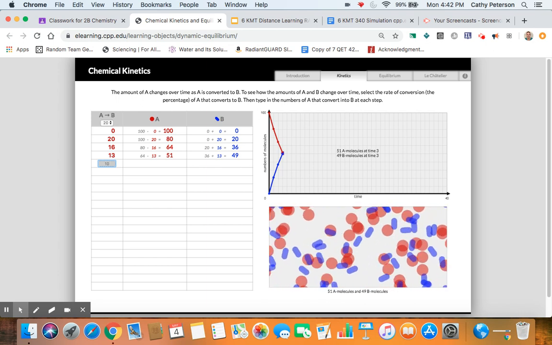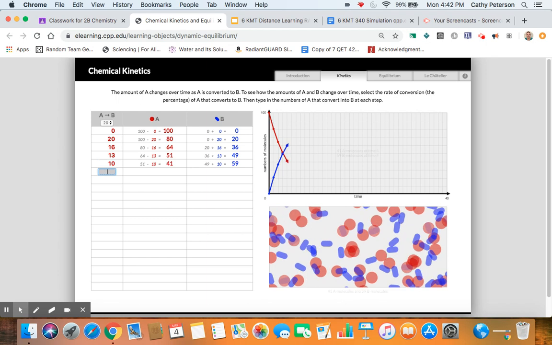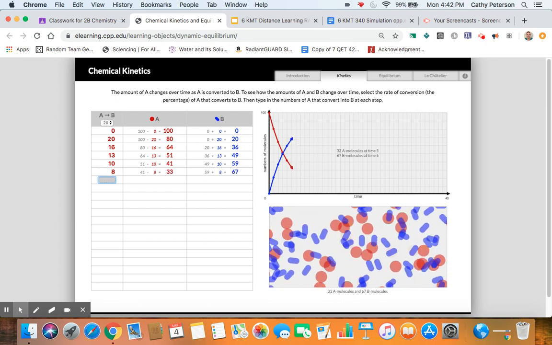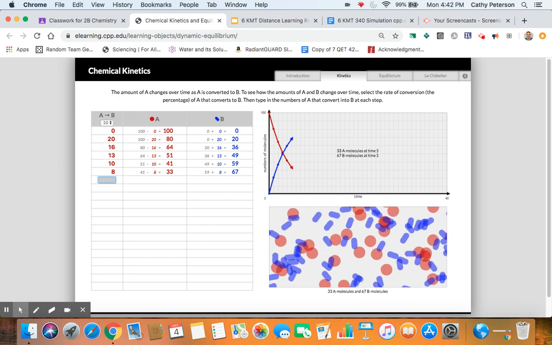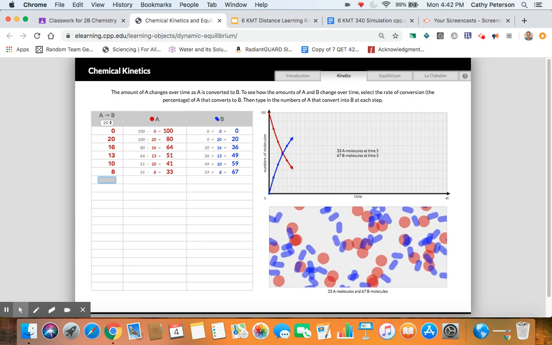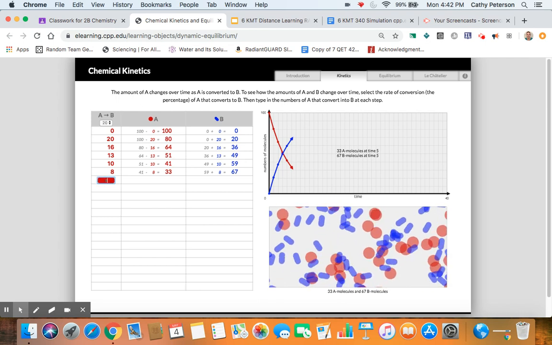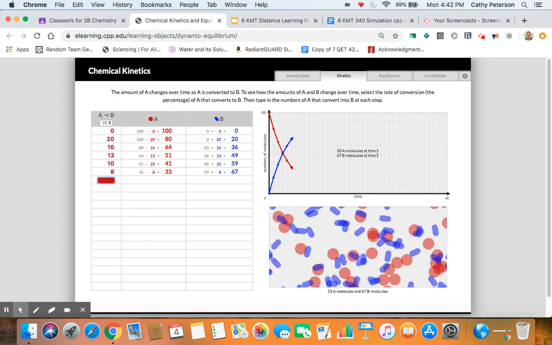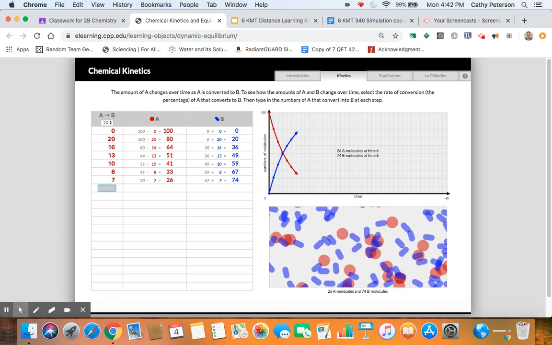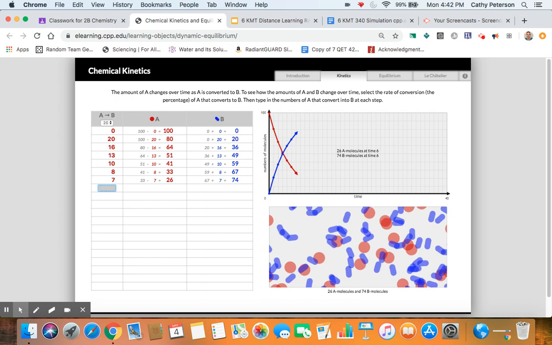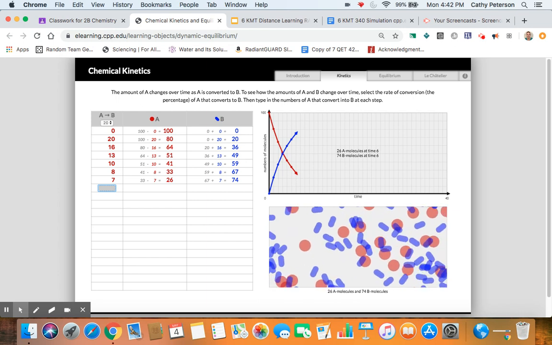64, which is 13, 20% of 51 is 10, 20% of 41 is 8, 20% of 33 is either 6 or 7. I'll try 6. It didn't work, so I'll try 7. It's actually a decimal in between 6 or 7, but you want to round it as best you can.